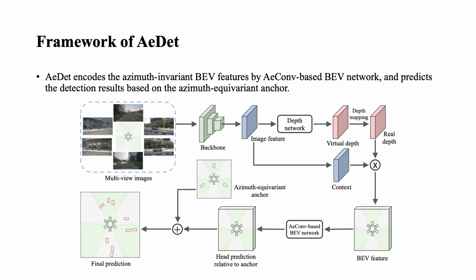Here we show the framework of the proposed AeDet. It first predicts the real depth according to the virtual depth and transforms the image features to the BEV feature. To preserve the radial symmetry of the BEV feature, AeDet encodes the BEV feature by the AeConv-based BEV network and predicts the detection results based on the azimuth-equivariant anchor.